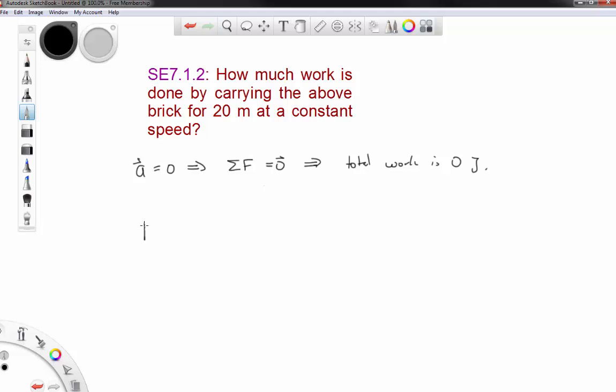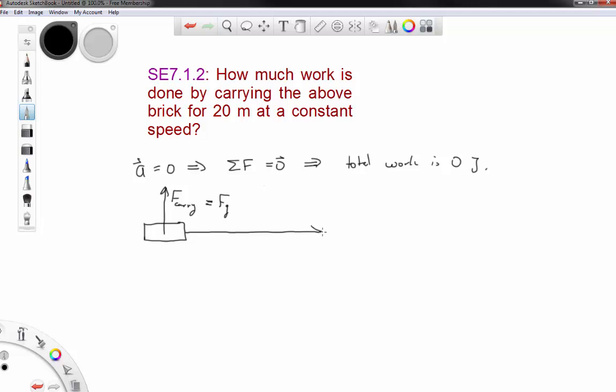Well, let's draw a diagram of just the brick itself. And we'll draw the force that is being used to carry it. So F carry, which is also equal in magnitude to the gravitational force. And it's being carried 20 meters at a constant speed.